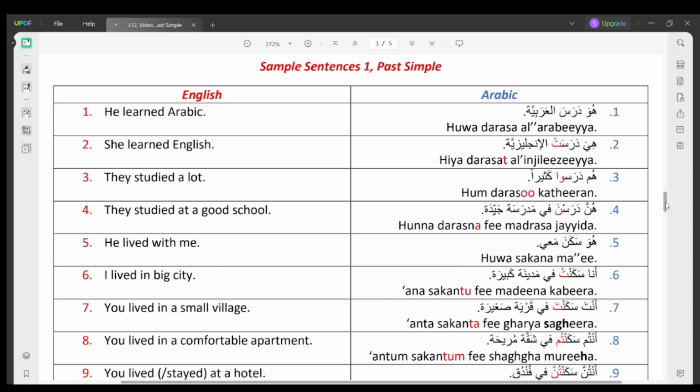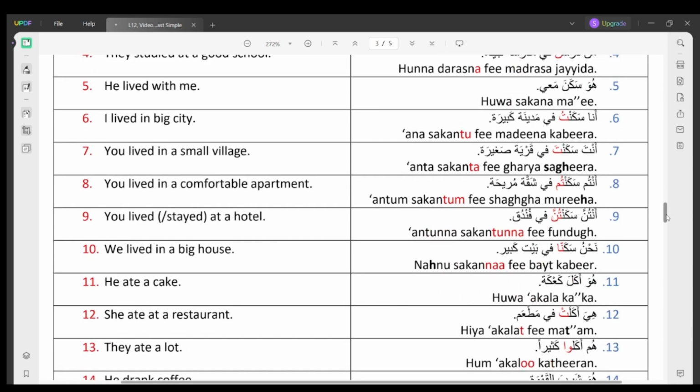Number 5, he lived with me. هو سكن معي. Number 6, I lived in a big city. أنا سكنت في مدينة كبيرة. Number 7, you lived in a small village. أنت سكنت في قرية صغيرة.